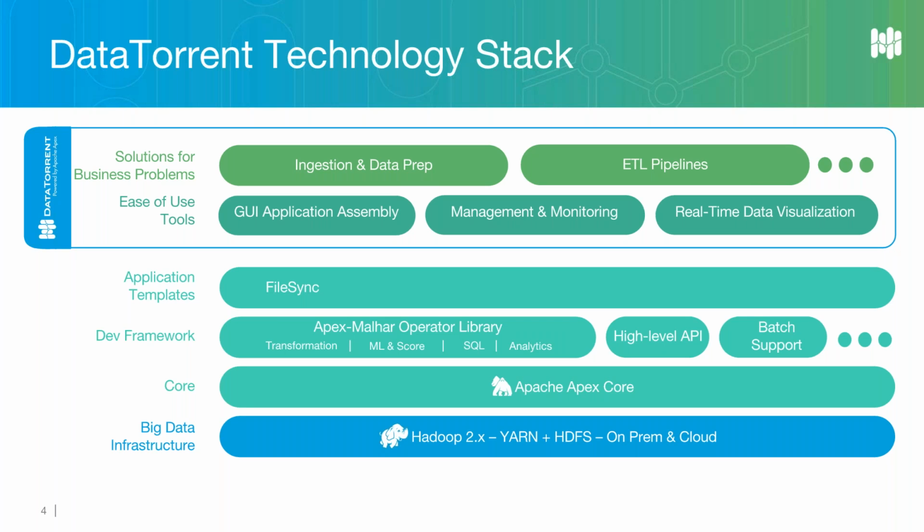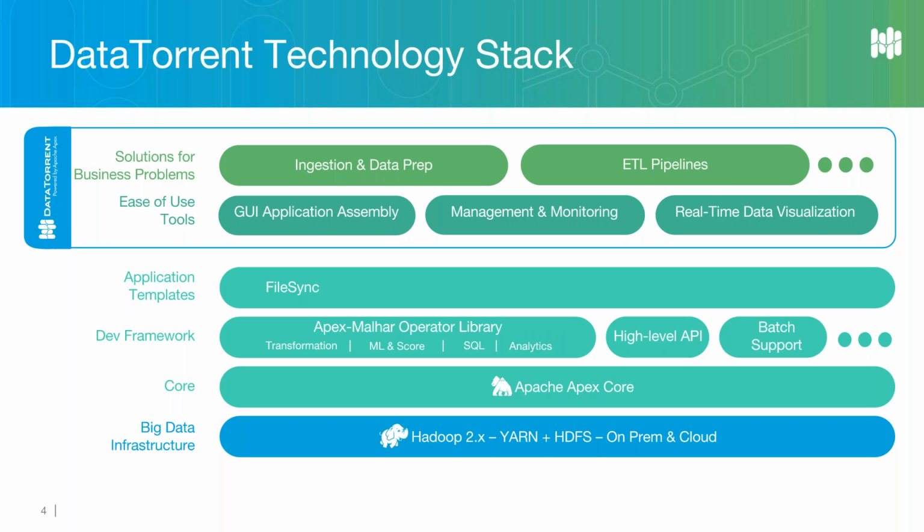Let's say you're working with big data and distributed systems: there are so many issues, such as latency, redundancy, availability, and network failures. When you actually start developing your application, you end up spending a lot of time addressing all these issues rather than solving your business use case.